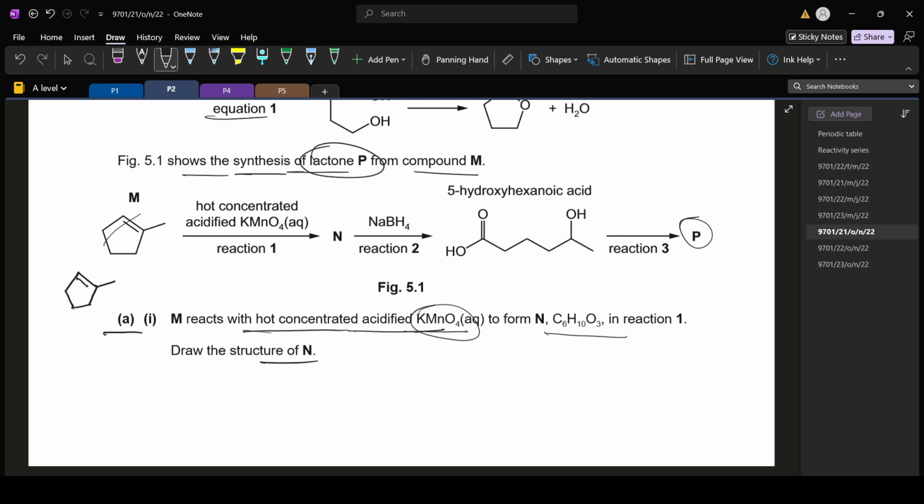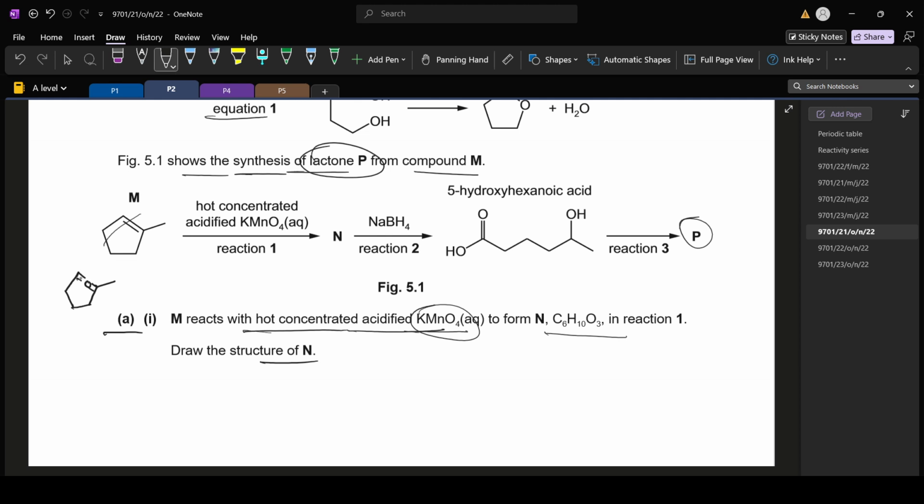This is the structure. Now this double bond will break down from here, and then you will have a ketone group here.